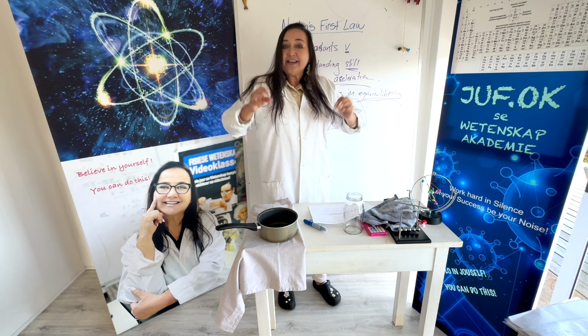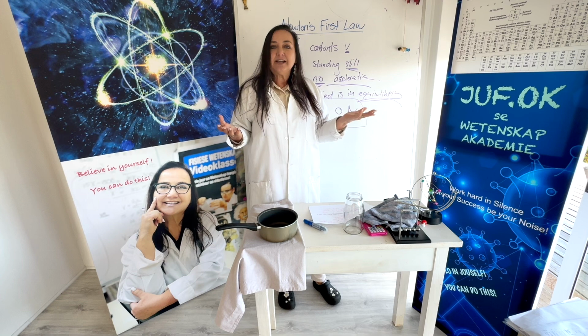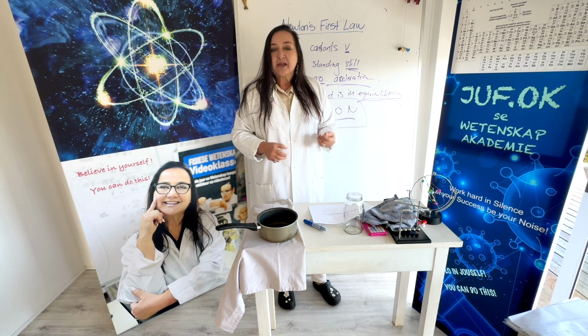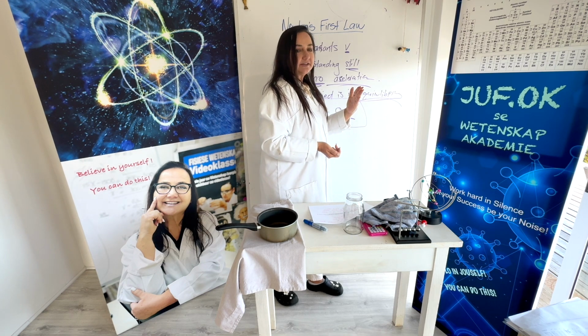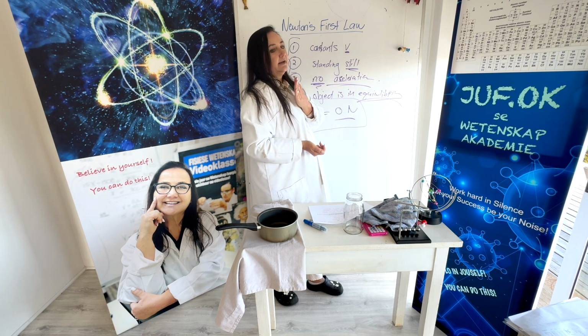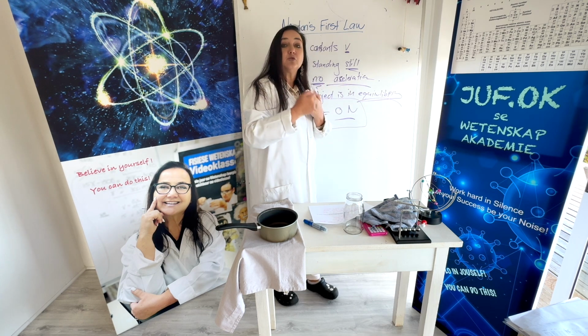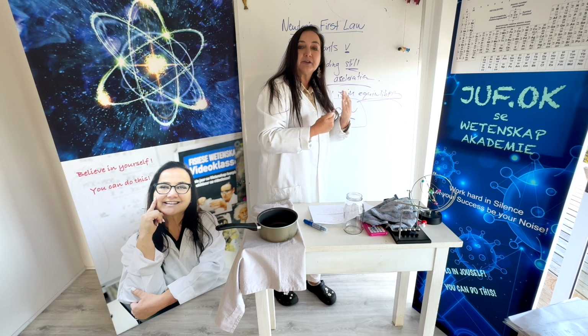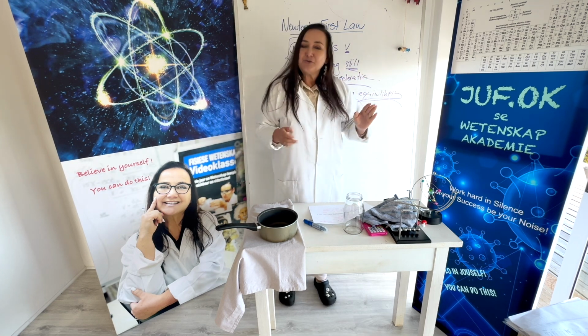Unless an external non-zero force acts upon it. So what could that be? Of course, the seat belt. If you've got the seat belt on, the seat belt is going to pull you back in the opposite direction, and that will cause you to also come to a standstill. So you won't be flying straight through the windscreen.